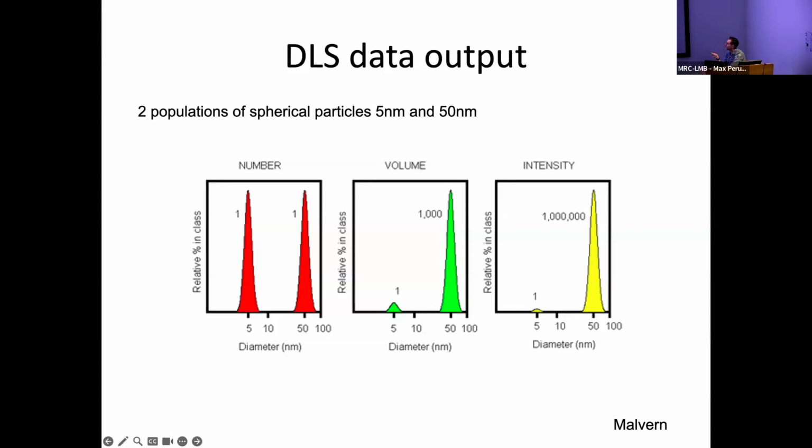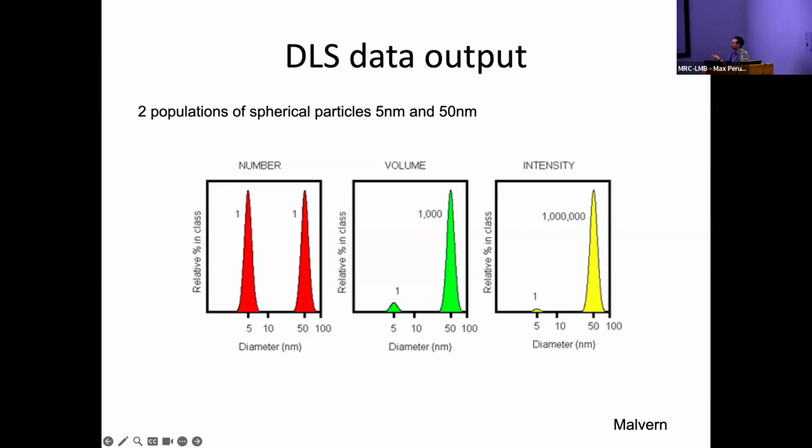So even though we've got two populations where the number of the spheres are exactly the same, this is what we measure, and this is the true measurement. So the intensity is the true measurement of what we're getting. Volume and number are mathematical fits to the data.